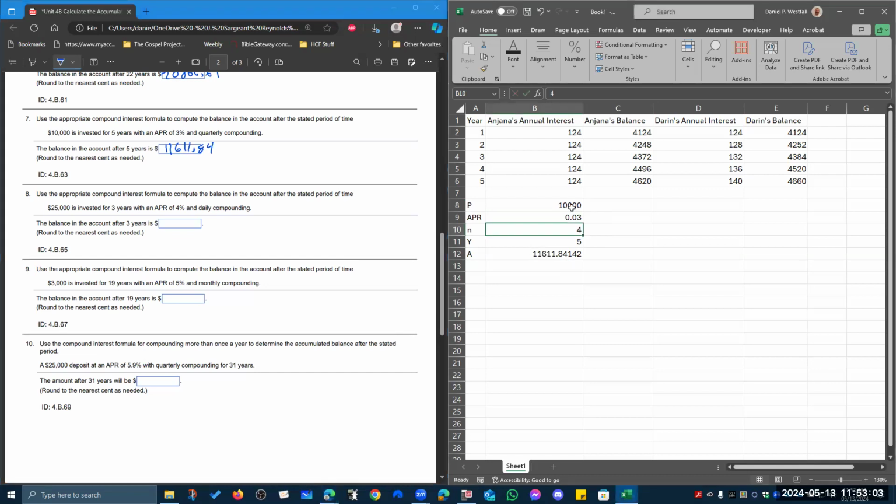Now we have 25,000 deposited at 4% compounded daily, so that's 365 times for 3 years. That's 28,187.24.